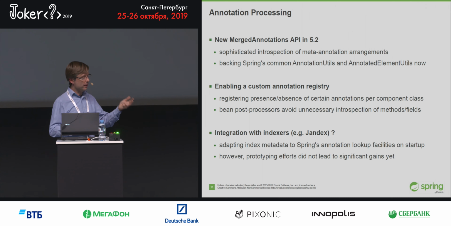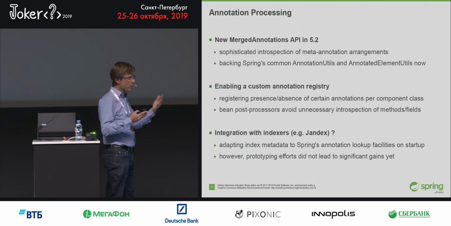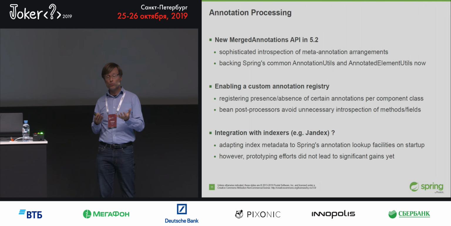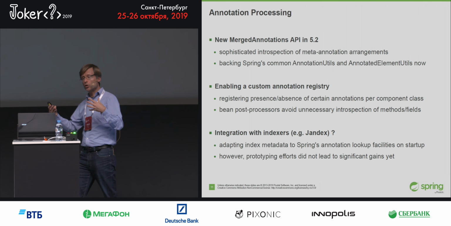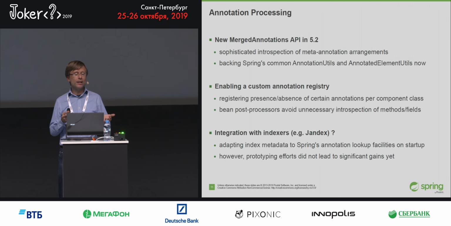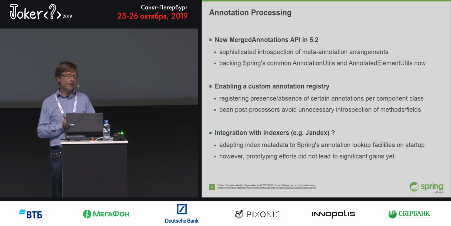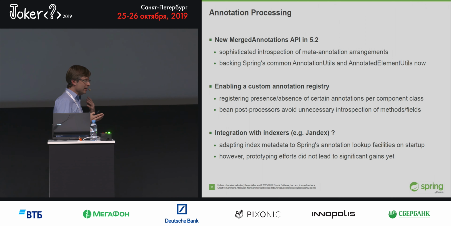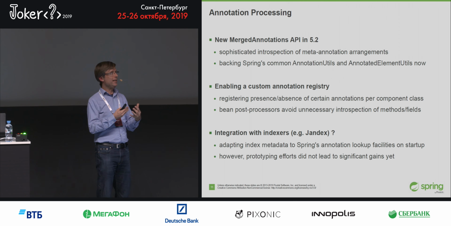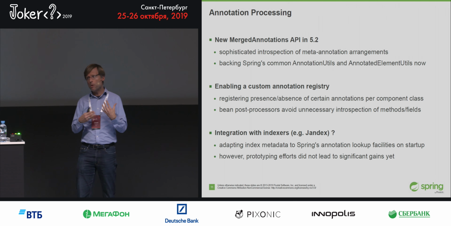There are a few side effects here that we are still working on. We'd like to enable integration with other forms of annotation registries, other forms of annotation sources, basically, like a generated Jandex index. This is still work in progress. We have yet to find an arrangement that we feel like recommending.